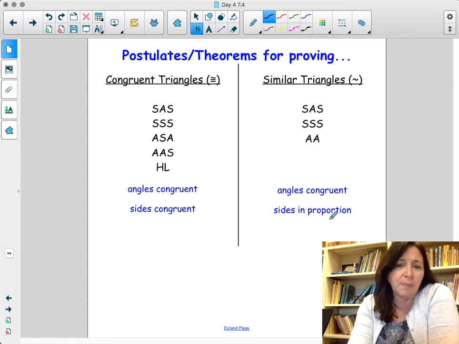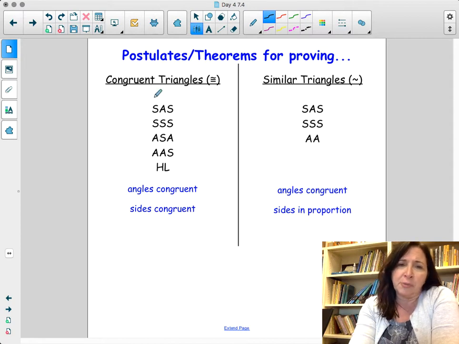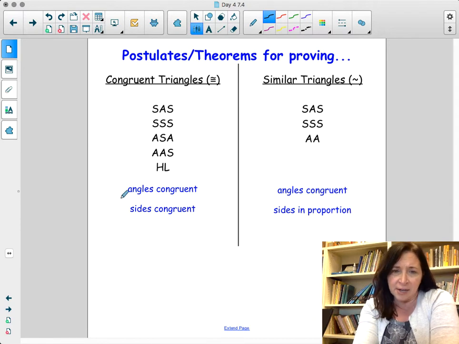So remember that your sides are not necessarily going to be congruent if the triangles are similar. The sides will be in proportion. There will be a scale factor. The angles are congruent. Whereas if you're trying to prove two triangles congruent, the angles are congruent and the sides are congruent, both.